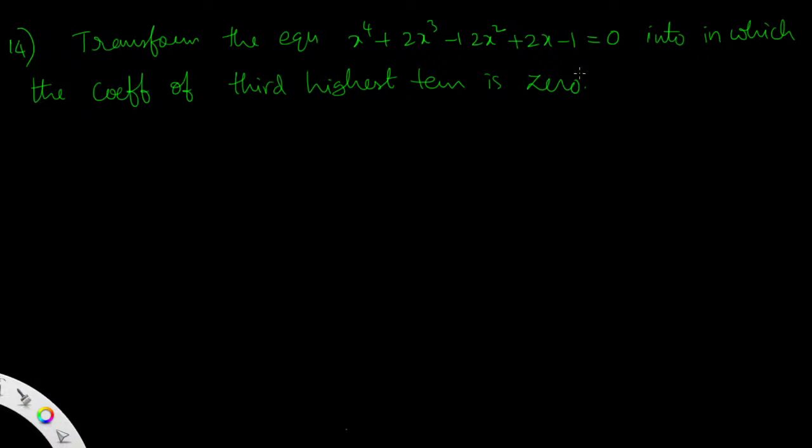In the previous problem, to remove the second term of the given equation, we used the very easy formula h, let it be h. The formula for removing the second term of any equation is h equal to minus a1 by n a naught. Here n means the degree of the equation, a naught means the coefficient of the highest power, and a1 means the next term coefficient, that is the second term coefficient.